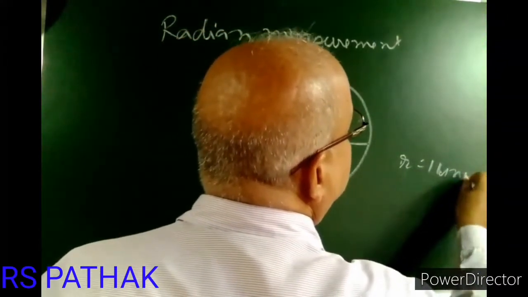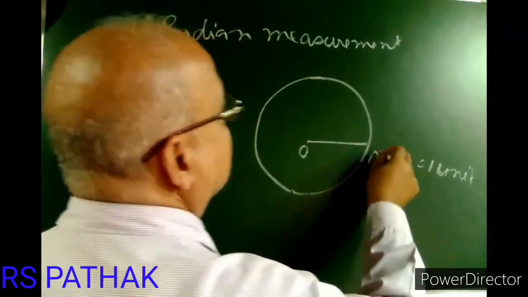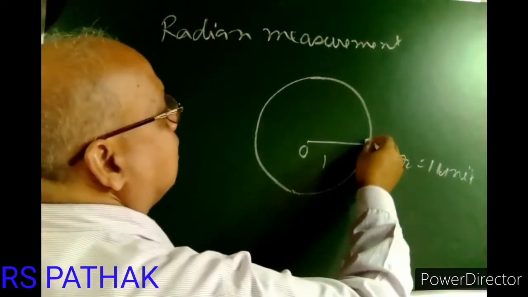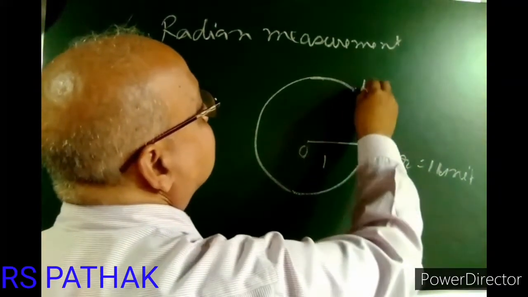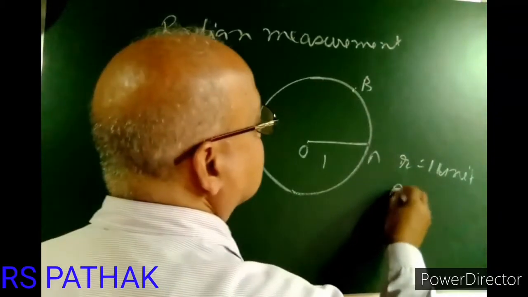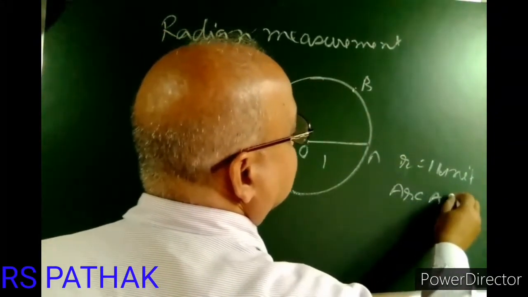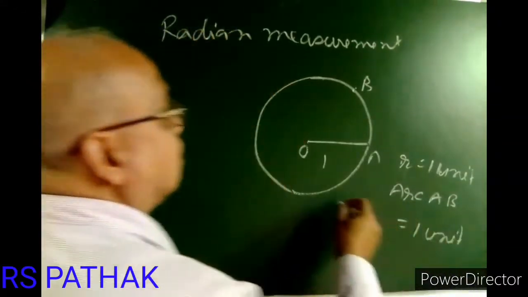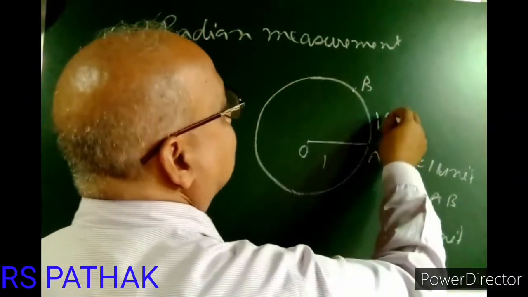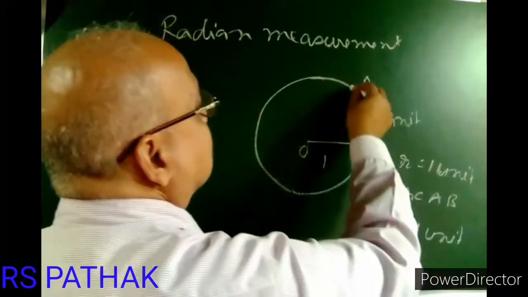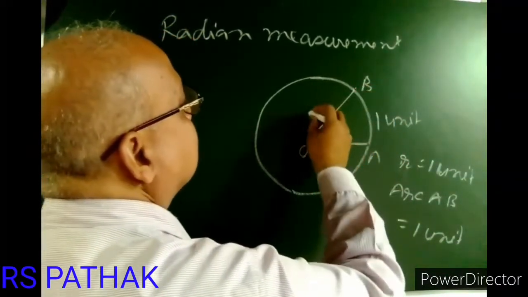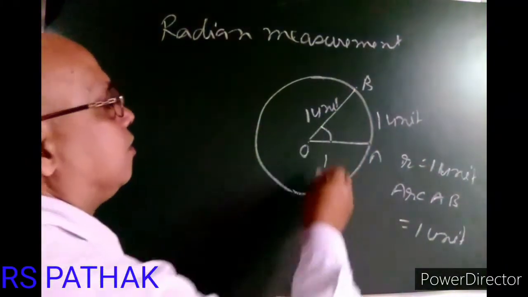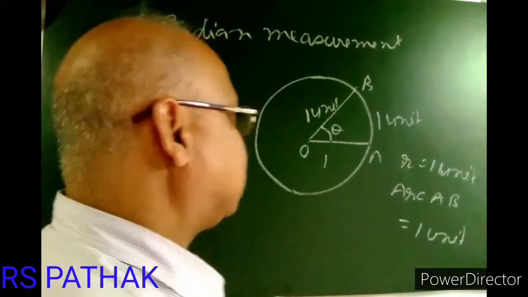OA is the radius of 1 unit, and an arc AB is of 1 unit. Radius 1 unit, arc is also 1 unit. Join O to B, it is also radius 1 unit. This angle is called the subtended angle.